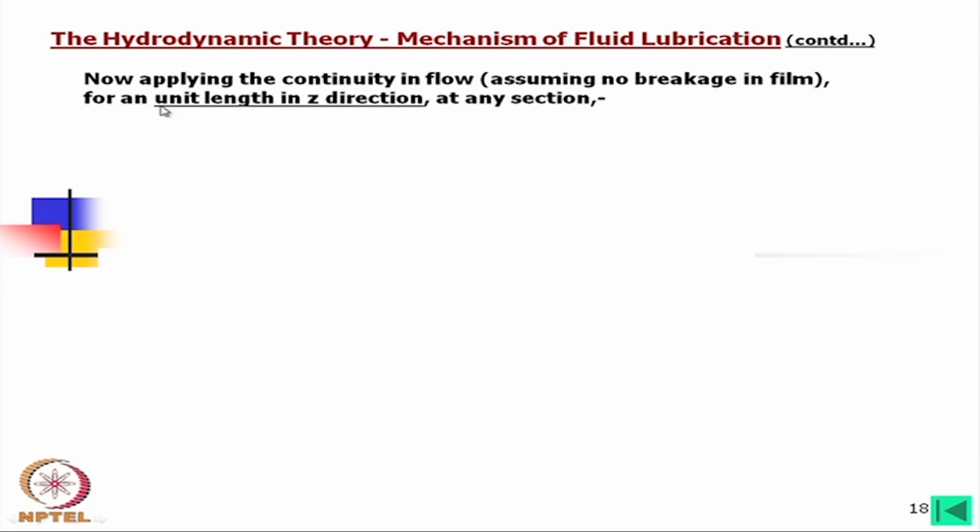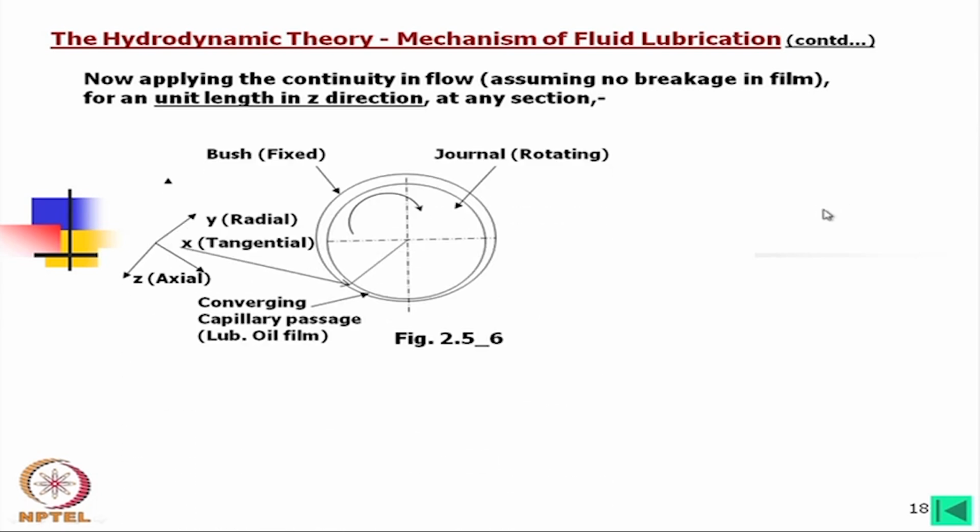So, for a unit length in z direction, because if you want to match the dimension, you will find that in these equations one dimension is missing. So, we have taken unit length in z direction. In this case, z means along the axis of the shaft. You can see these directions: this is along the axis of the shaft, and this is the x direction.